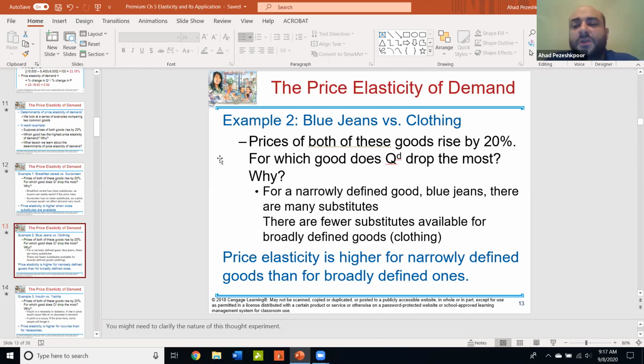But when the price of blue jeans goes up and they become more expensive, then I'm going to easily substitute.